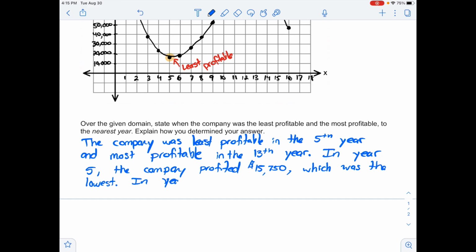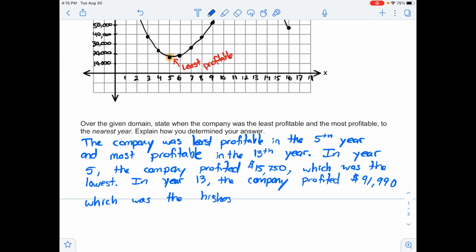In year 13, the company profited 91,990, which was the highest. And that's pretty much it.